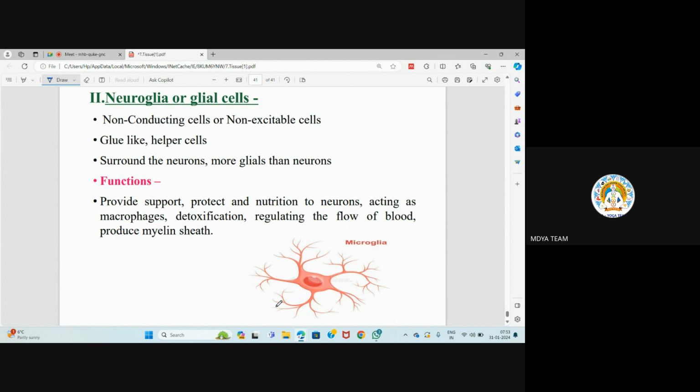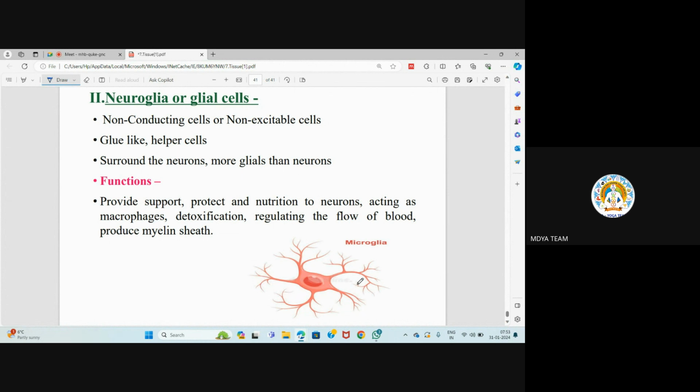Glial cells are out of it. Glial cells are just supporting neurons. They are protecting them and providing nutrition, just helping neurons to work properly.